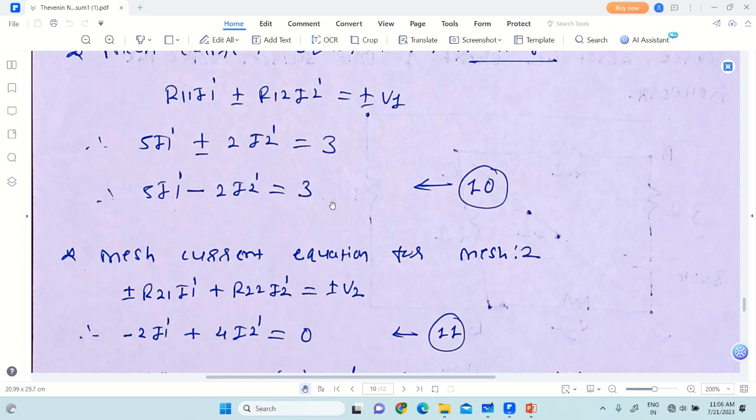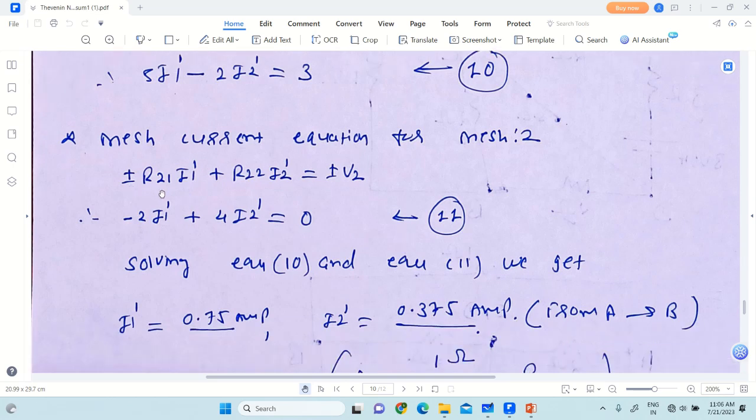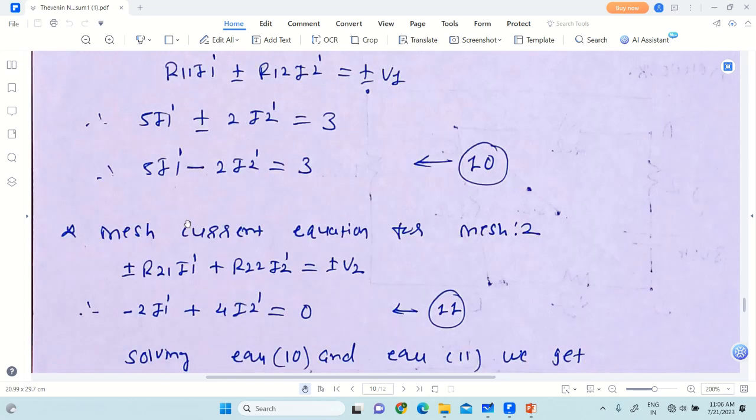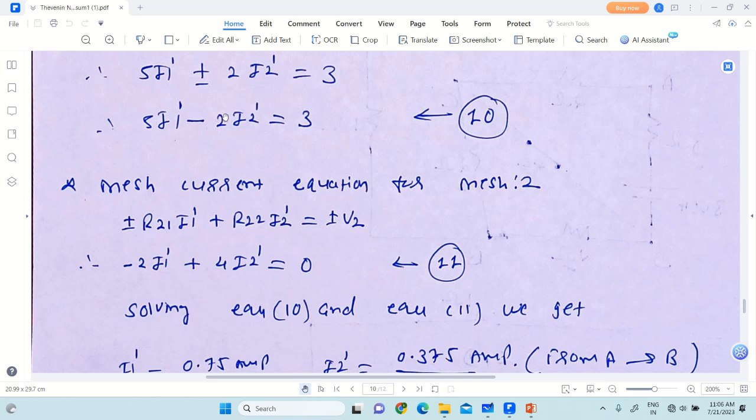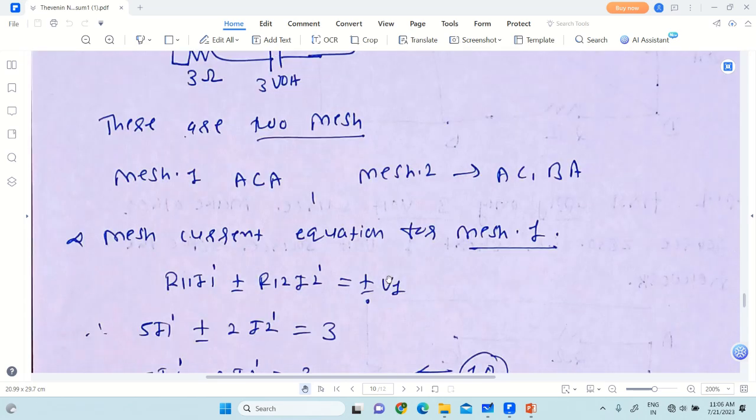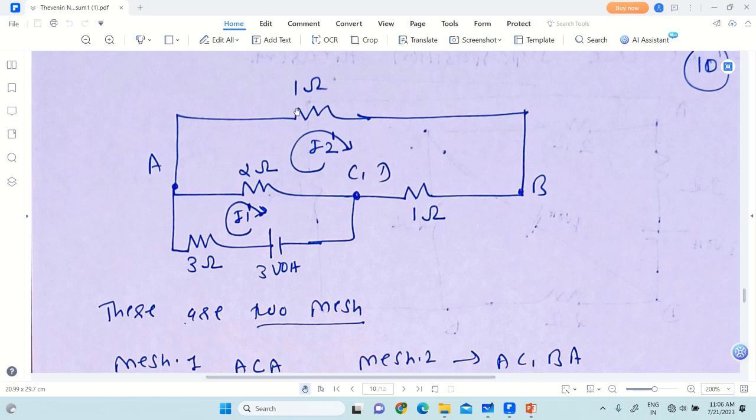Now we write the mesh current equation for mesh number 2. So it is plus or minus R21 I1 dash plus R22 I2 dash. This is the main diagonal, so it is always plus. It is equal to plus or minus V2. Now recall that R21 and R12 are both the same. So it is minus 2 I1 dash plus R22, the sum of the resistances in the second mesh.